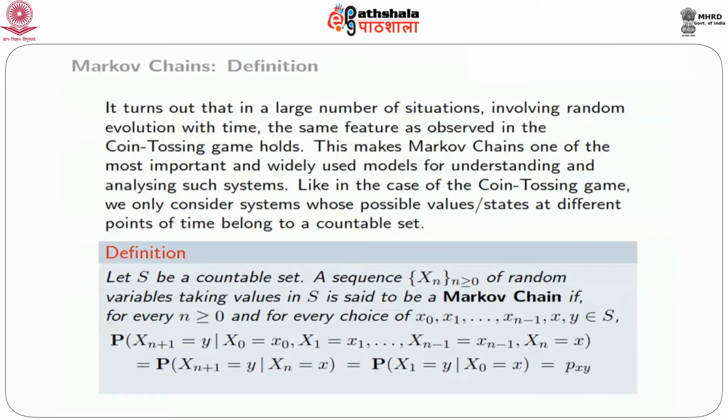So all this information in the conditioning that capital X0 was x0, etc., all the way up to capital Xn minus 1 is little xn minus 1 becomes completely irrelevant.